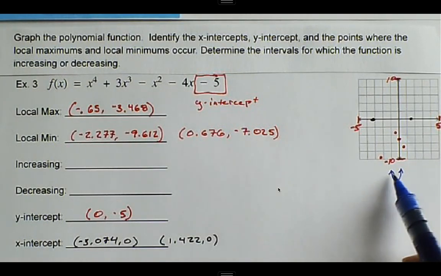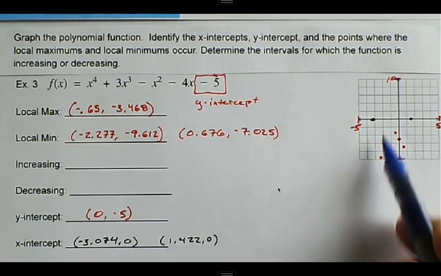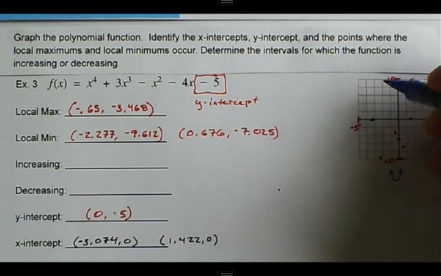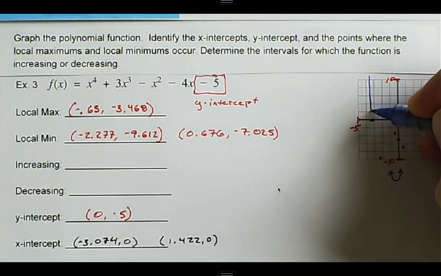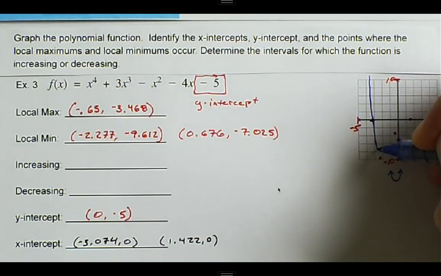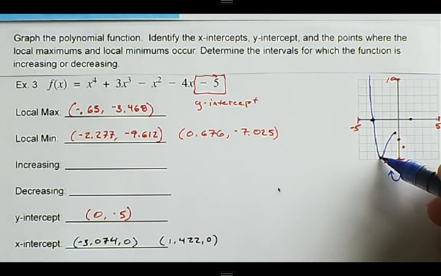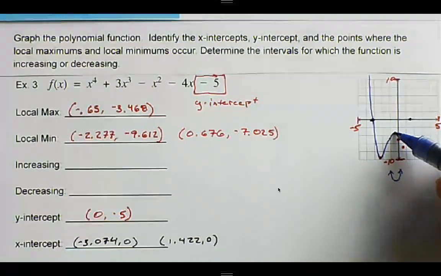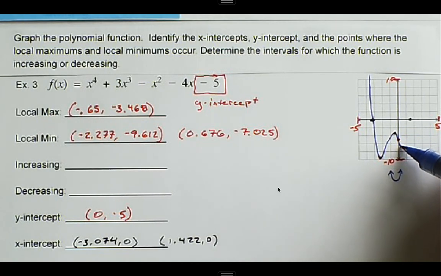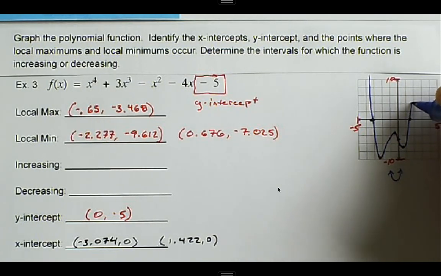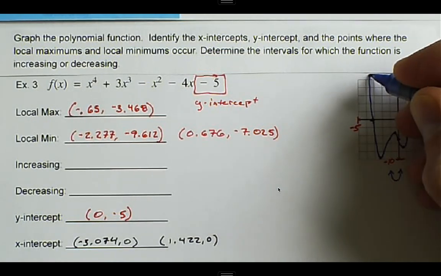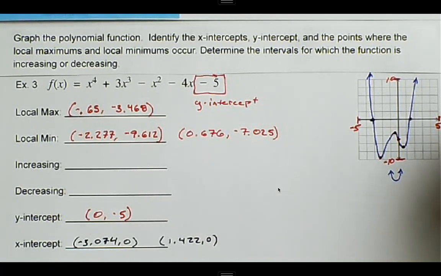We know that our end behavior is both going to end in the same direction, and we have some points that we have to go through. So we're going to start up. We're going to work our way down through our first x-intercept, down to our absolute minimum, then come up to a local maximum through the y-intercept, down to a local minimum, back through the x-intercept, and then our end behavior finishes in that direction.